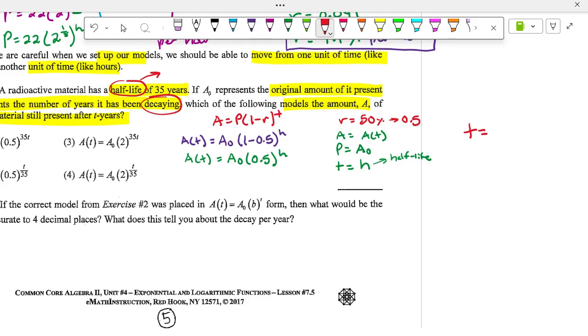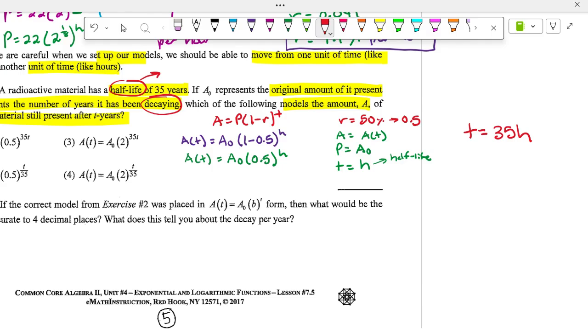How'd you get that? 35 times 2. So if I wanted to find t years equals what in terms of half-life? What did you just tell me you did? You did 35 times 2, right? So it'd be 35 times h. So 35 times the number of times we halved it. If we halved it 3 times, that would be 105 years.